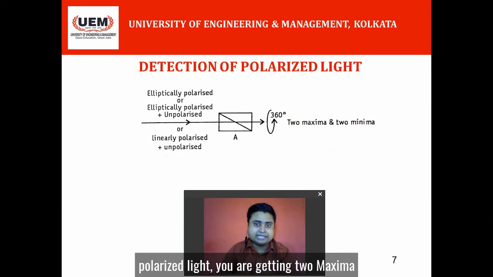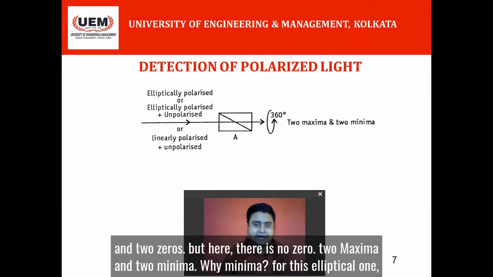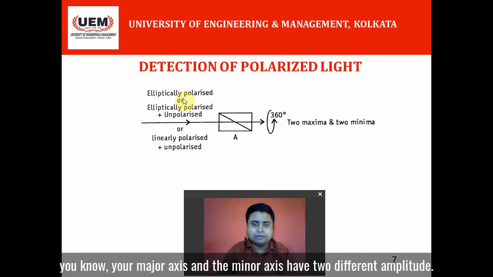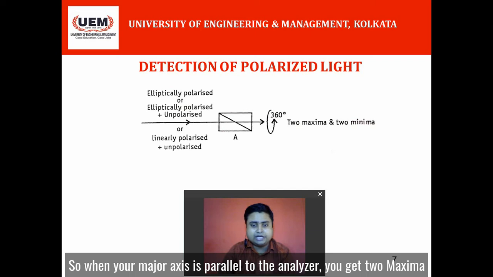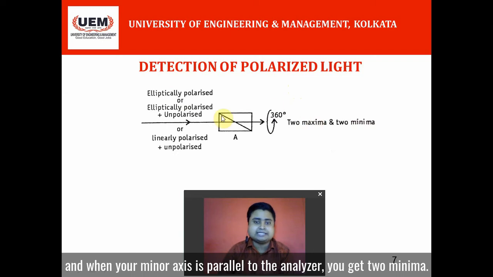In plane polarized light you get two maxima and two zeros, but here there is no zero, only two maxima and two minima. Why minima? For elliptical light, the major axis and minor axis have two different amplitudes. So when the major axis is parallel to the analyzer, you get two maxima, and when the minor axis is parallel to the analyzer, you get two minima.